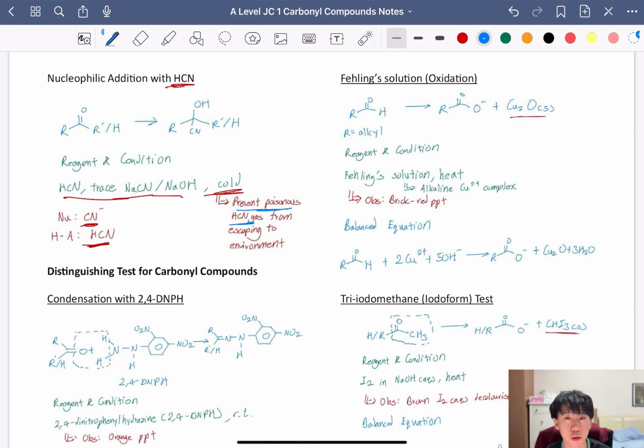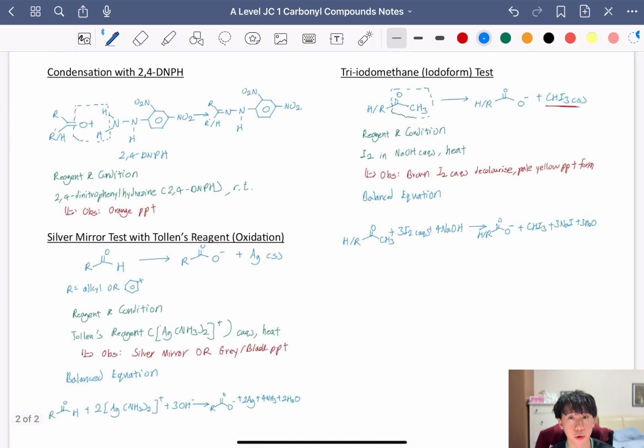Now what are some of the distinguishing tests for your carbonyl compounds? There's condensation with 2,4-DNPH, and you have to memorize the structure of 2,4-DNPH. You need to know how to draw it. DNPH stands for dinitrophenylhydrazine. And this is a condensation reaction because, as you can see in this boxed up part over here, H2O actually comes up as a byproduct in this reaction.